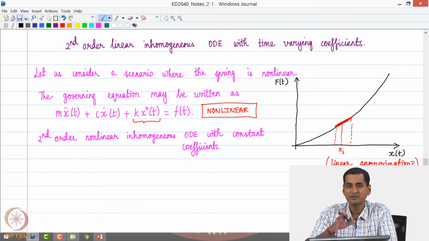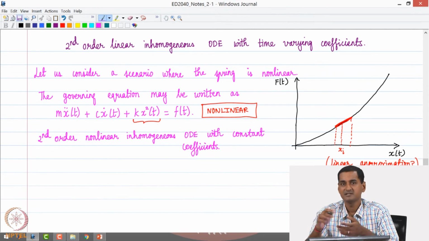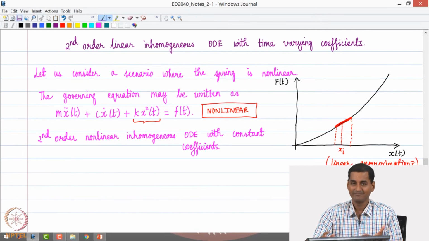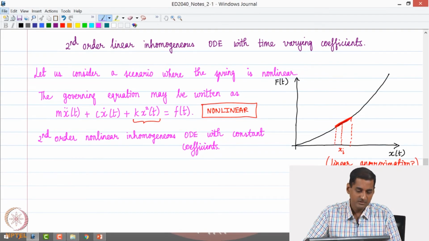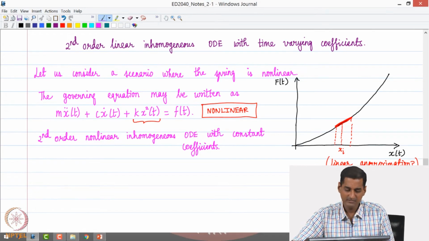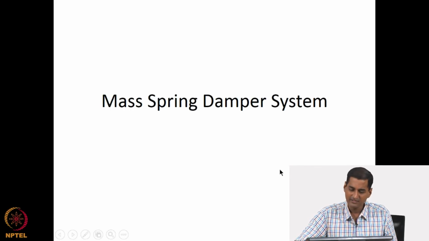I hope that through the simple example, the difference between linear and non-linear systems and time invariant and time varying systems has become a little bit clear, and we considered a simple example to show how these attributes are reflected in the governing equations of such systems. To conclude this class, let me show you some simple simulation results, just to convey the concepts we have learned.